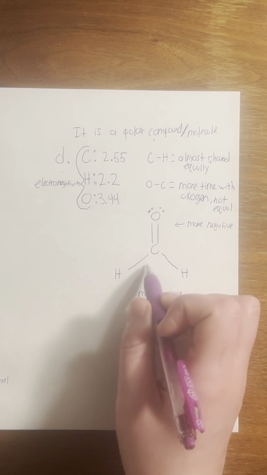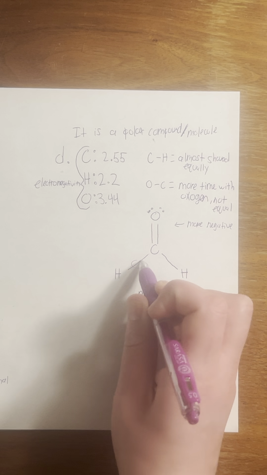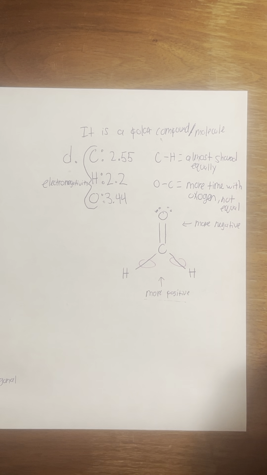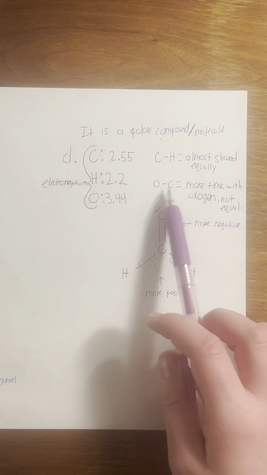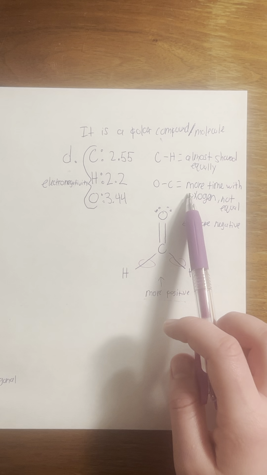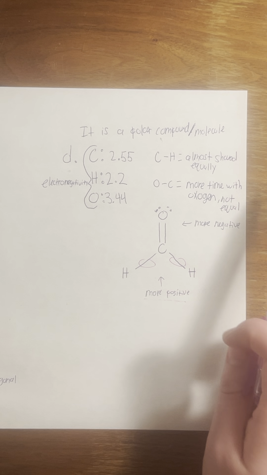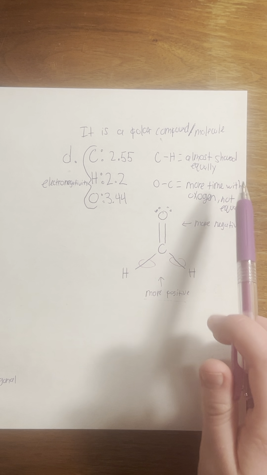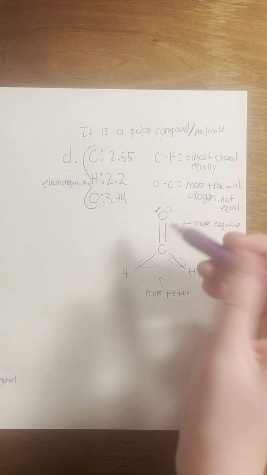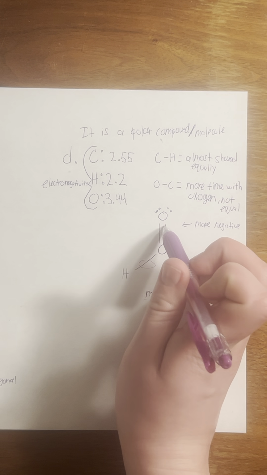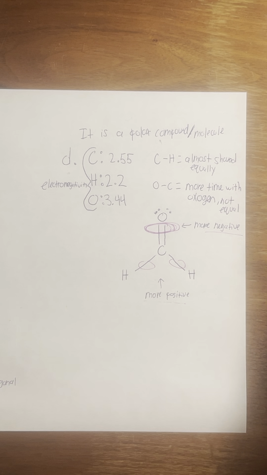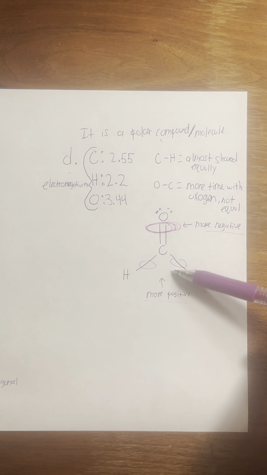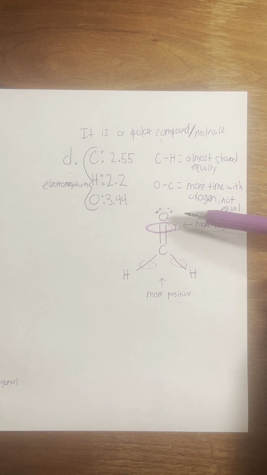And then when you take oxygen and subtract carbon, you get more of the electrons spending time with the oxygen because it's a bigger number. So more of these are going to spend time up here. So then that means that this is more negative up here. So it makes a polar molecule because it's more positive on one side and more negative on the other. So that makes it polar.